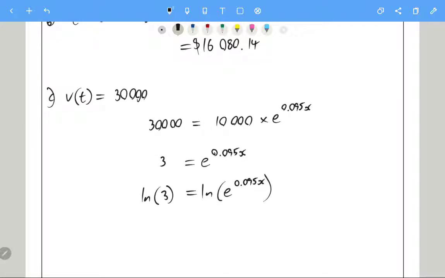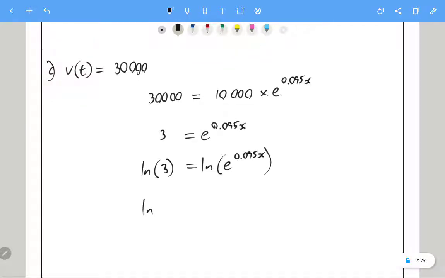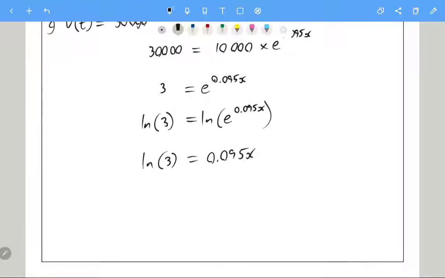The natural log cancels with the e, and I'm left with ln 3 is equal to 0.095x. Divide both sides by 0.095, and I get x is equal to the natural log of 3 all over 0.095, which is approximately equal to 11.56 years.